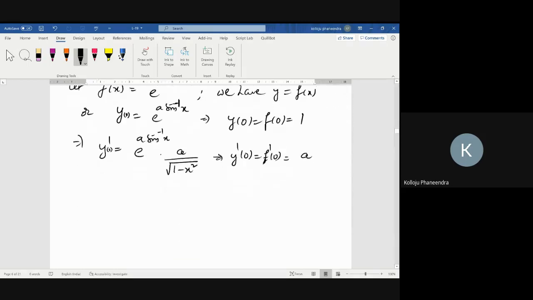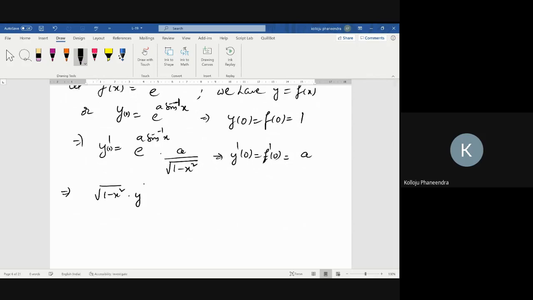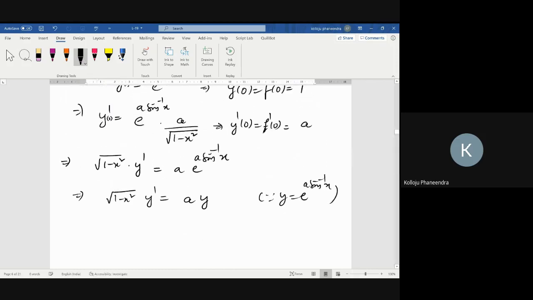Next, to get the double derivative, take 1 minus x square to the left side: root of 1 minus x square into y dash equal to a into e power a sine inverse x, and e power a sine inverse x is y.